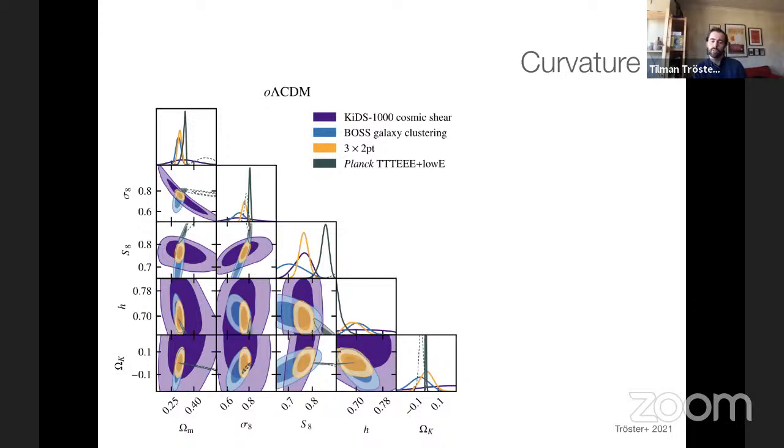So all the results I'm showing here are really just KiDS plus by themselves. One thing we noticed is that H0 priors matter quite a lot. If you just take the fiducial Planck chain as they distributed, they have a very wide range of H0 that they allow. But for our analysis, we consistently decided to restrict ourselves to reasonable values of H0, just because cosmic shear by itself can't constrain it.